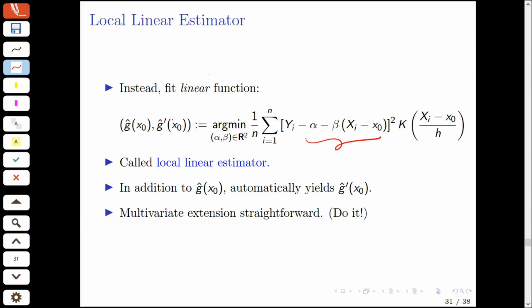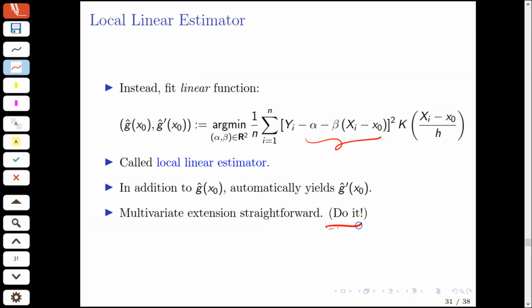Now the local linear estimation method is in some sense desirable in that it not only provides an estimate of the function at a point, but also its derivative at a point. And similar to the nonparametric setting, one may create a multivariate extension thereof.